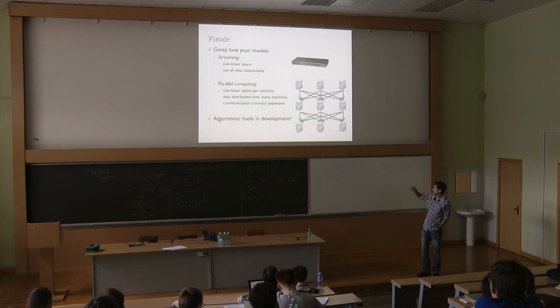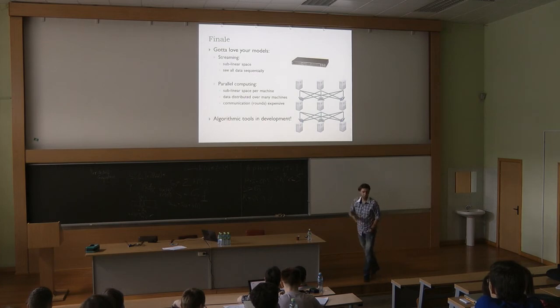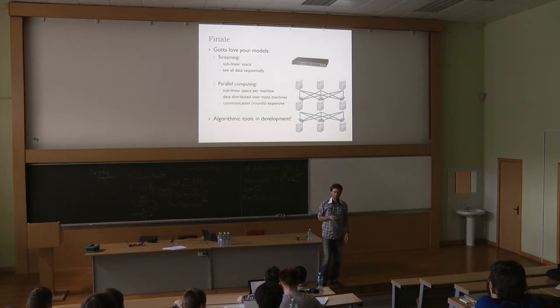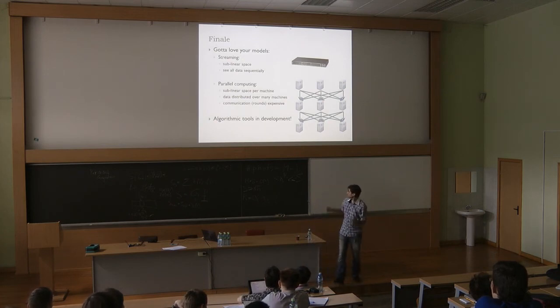I hope I convinced you that there are some nice things that would have been hard to come up with if we were just thinking in the standard Turing machine model. I hope you remember some of these algorithmic tools, and they're still in development, as I tried to convey. All right, thank you.